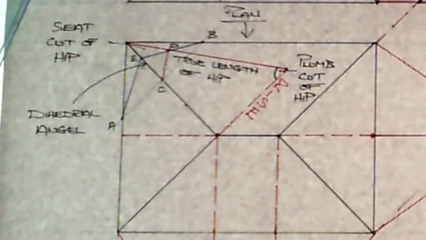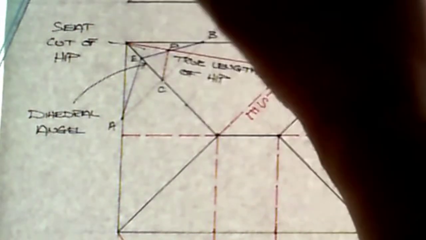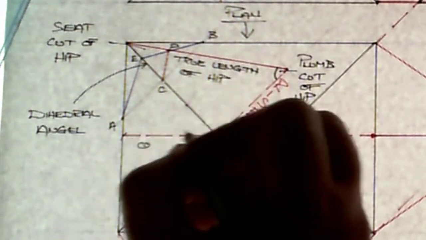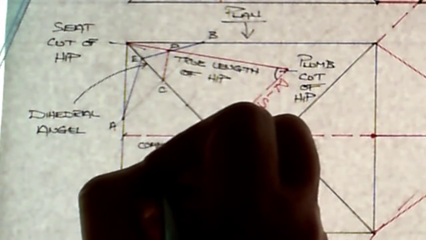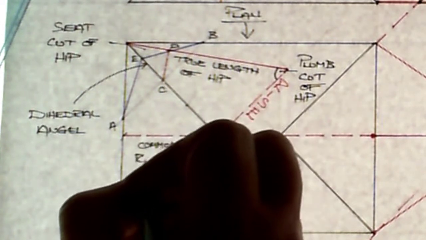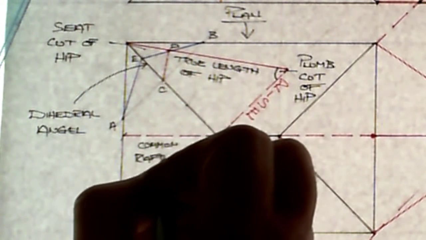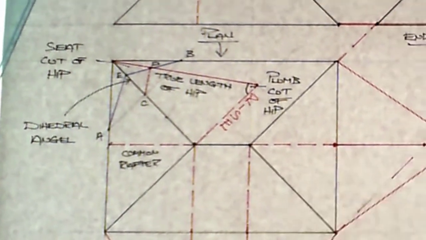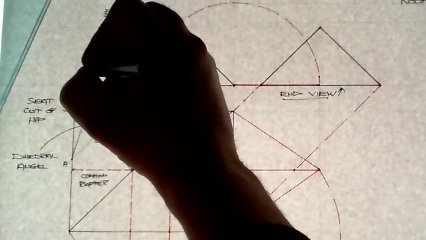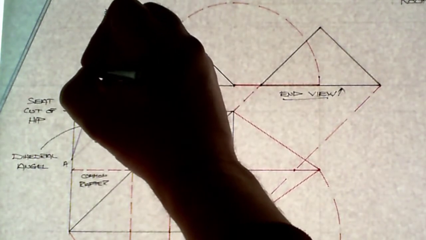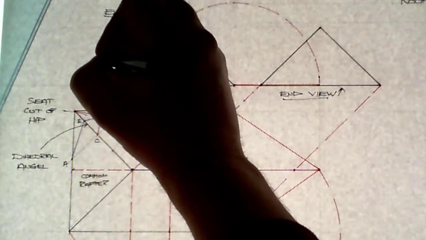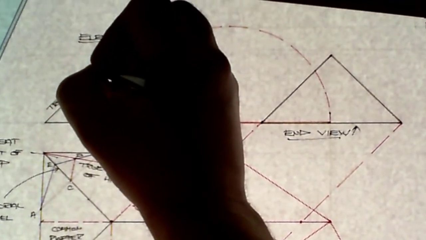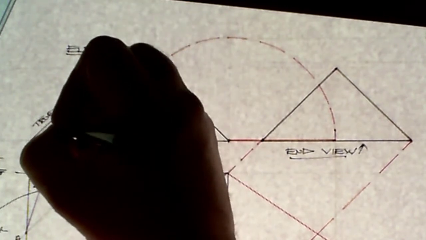Now again, on elevation here, this is the common rafter here on plan. And likewise, common rafter, common rafter, common rafter on plan. But the true length of the common rafter is simply here. So true length of common rafter.